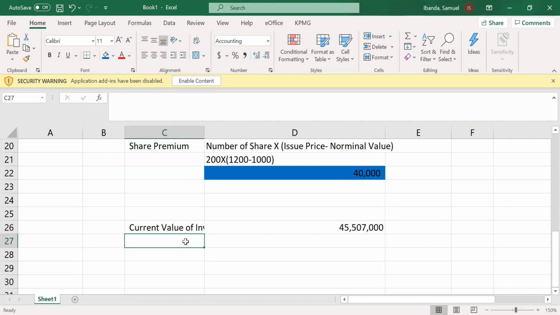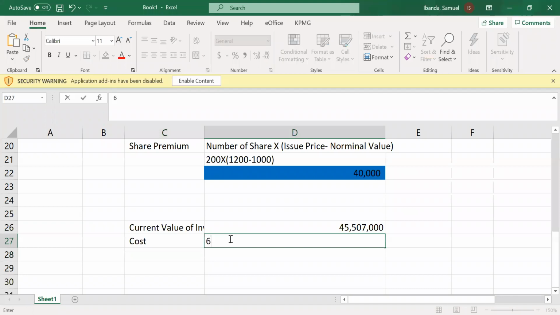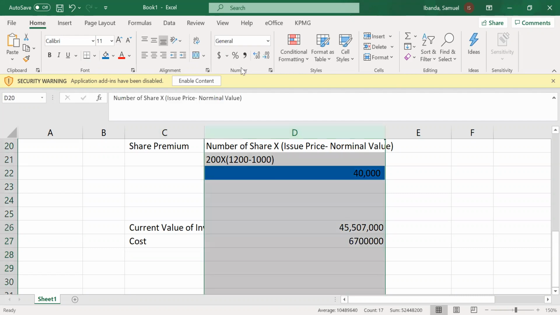Remember, we have to adjust. Inventory should be valued at 4.5, but it was valued at 6.7. So for me, what I will do is I'll say the cost of that inventory that needs to be adjusted is how much? 6.7, which is 700,000. Like that.